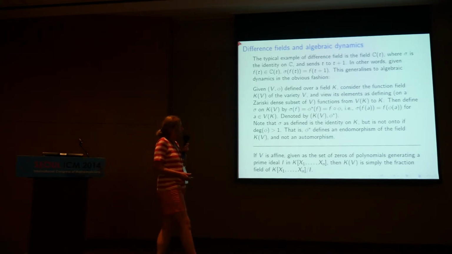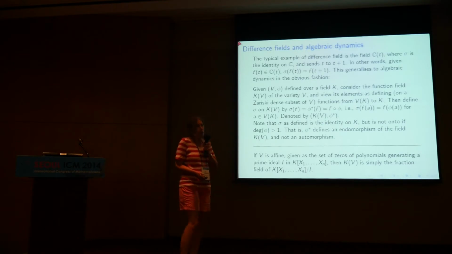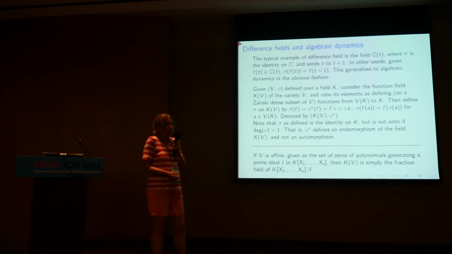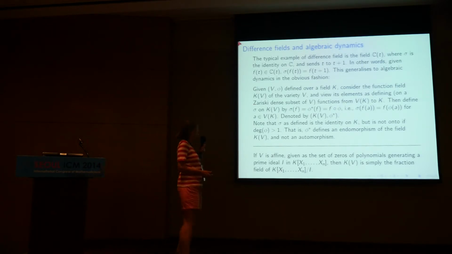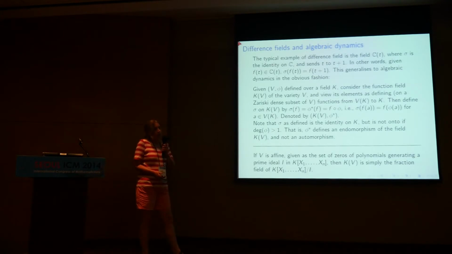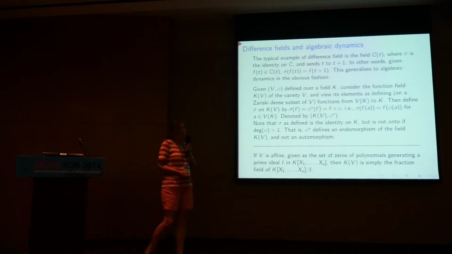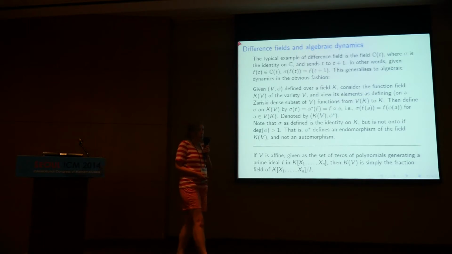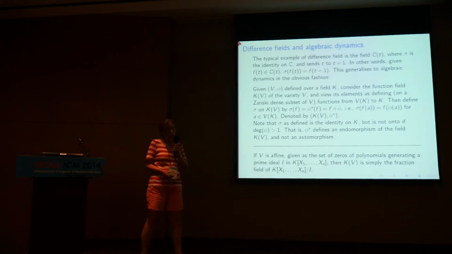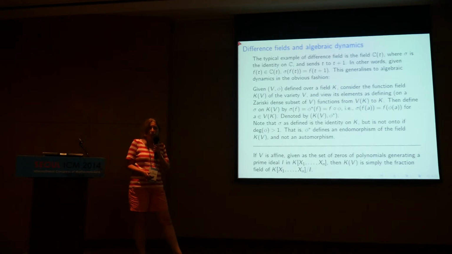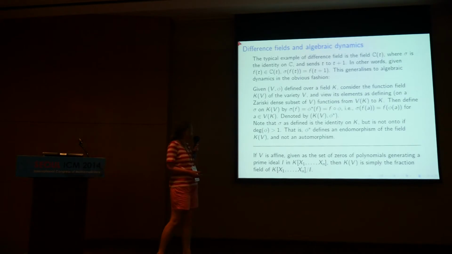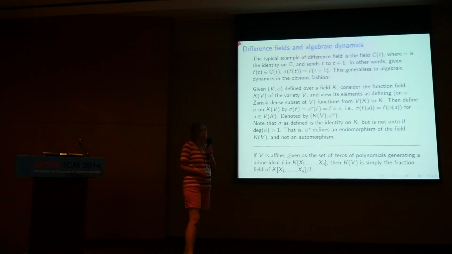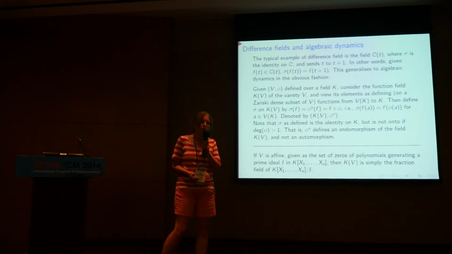So necessarily they are not going to be defined everywhere, but they still give you a concept of a function which is going to be defined on the K-points of V and which takes their values in K. So the endomorphism phi has a natural action on K(V) simply by composition. You take your rational function f, you view it as a function from V(K) to K, and you can pre-compose it with phi. It gives you another function. Okay?